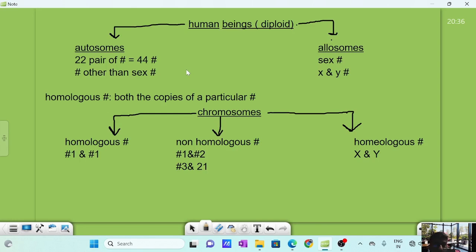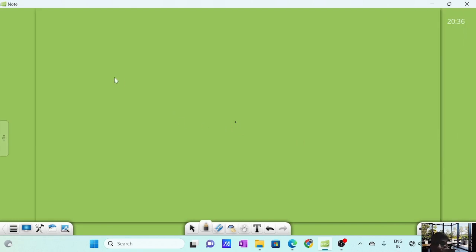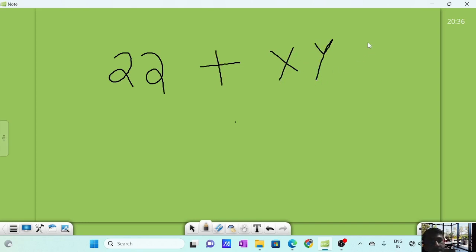Okay. So if we take the condition of a human being, we know that there are two versions, male and female. In the case of a male, we will have 22 pairs of autosomes, plus an X and Y pair.